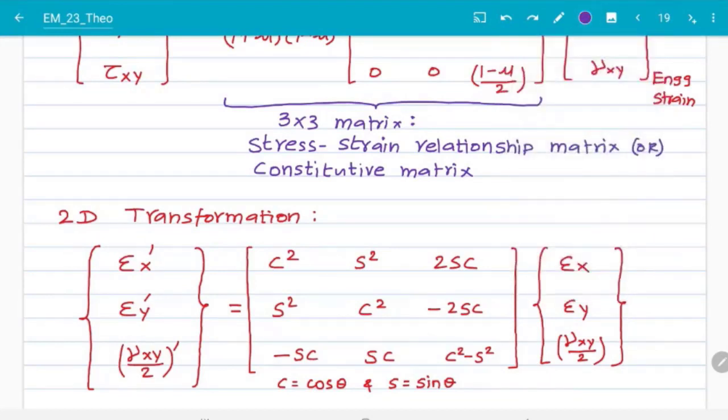In order to undergo the transformation process, the strain should be tensorial strain. It is a tensorial strain. Okay. Right. So this is our strain tensor before transformation.